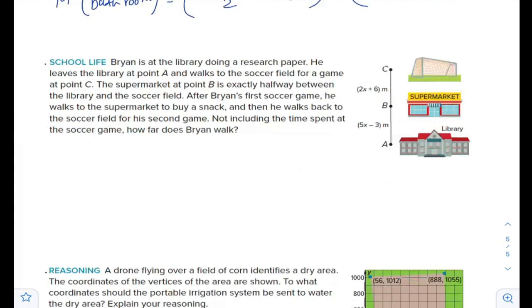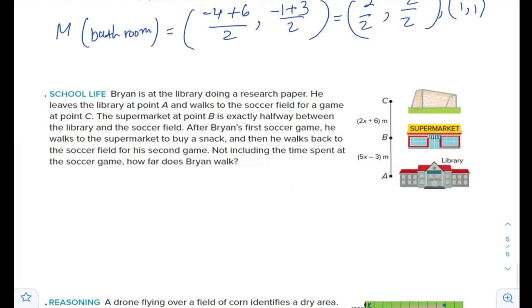And here we go. Brian is at the library doing a research paper. He leaves the library at point A and walks to the soccer field for a game at point C. The supermarket at point B is exactly halfway between the library and the soccer field. So this is the midpoint. After Brian's first soccer game, he walks to the supermarket to buy a snack.